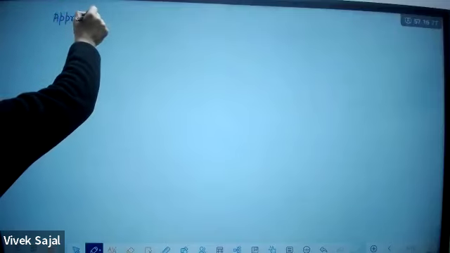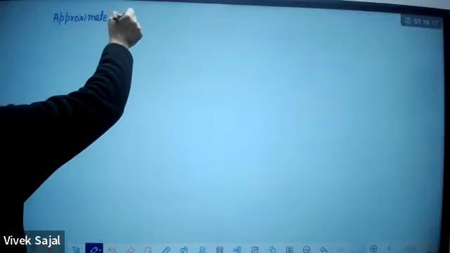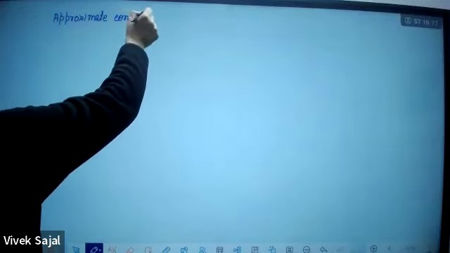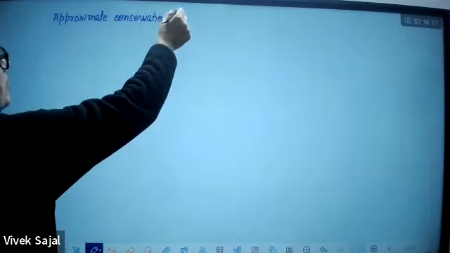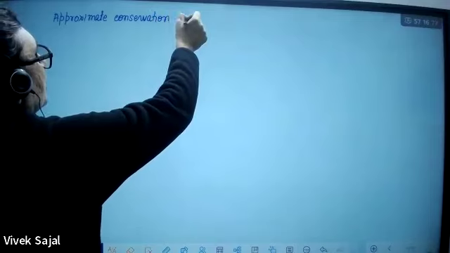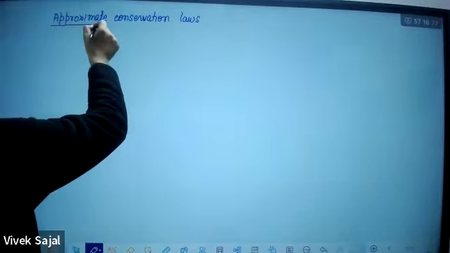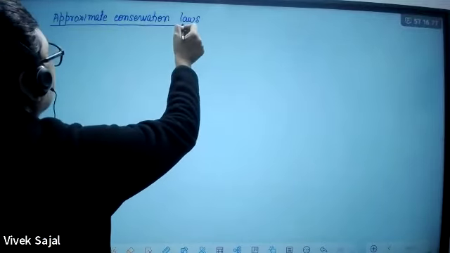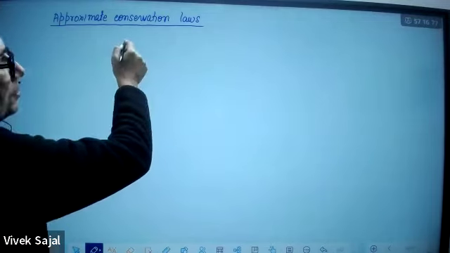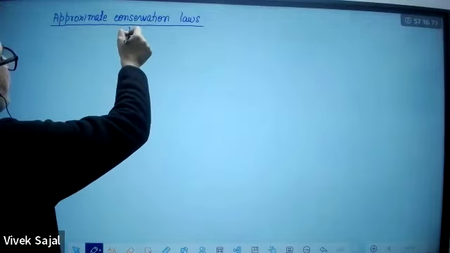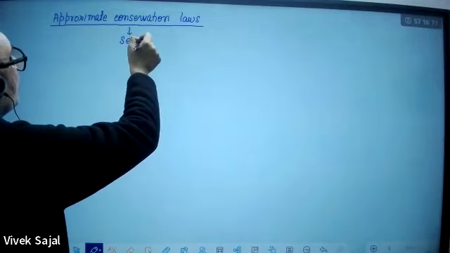Approximate conservation laws. ठीक है? They are also known as selection rules.